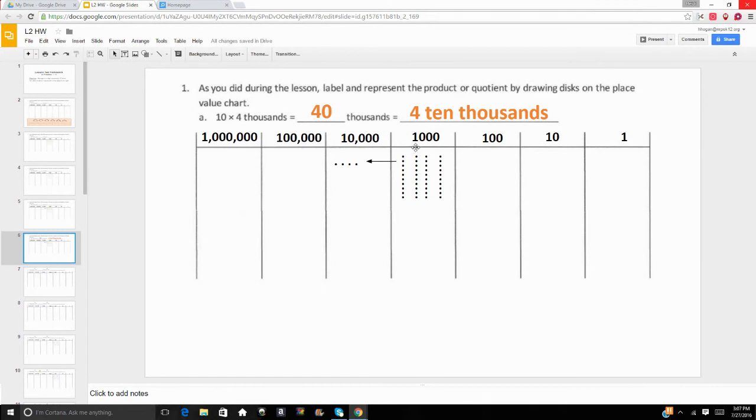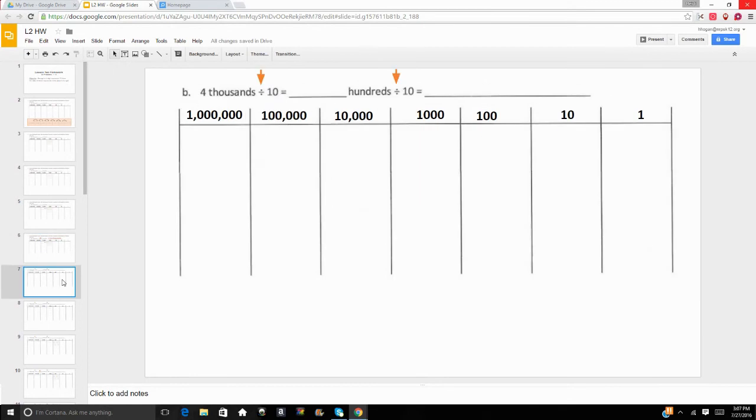If we count them individually, we know this is 10, 20, 30, 40. So that's 40 thousands. Or if we regroup, it gives us 1, 2, 3, 4 ten thousands: 10,000, 20,000, 30,000, 40,000. Oh, look, 40,000. So they can be regrouped in that sense. And that is the answer.